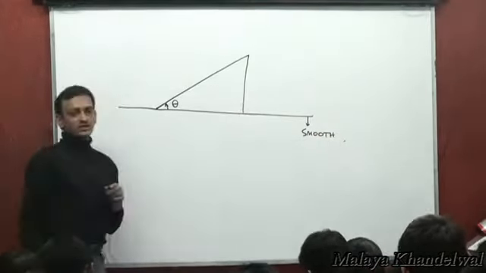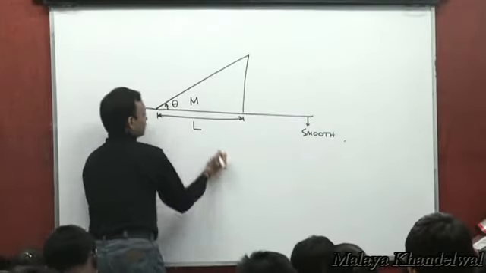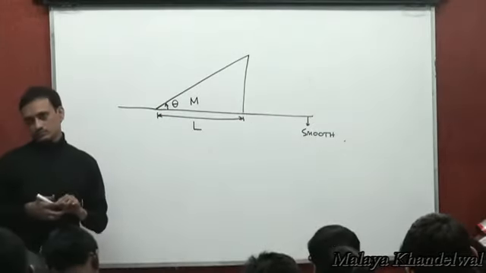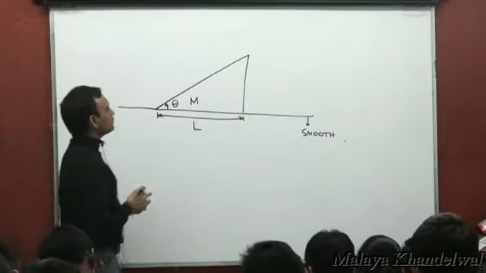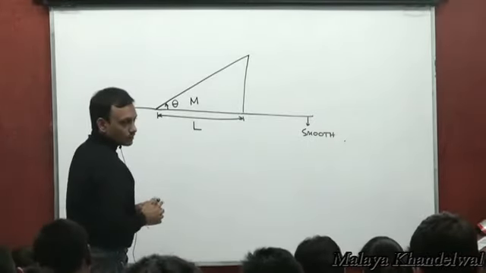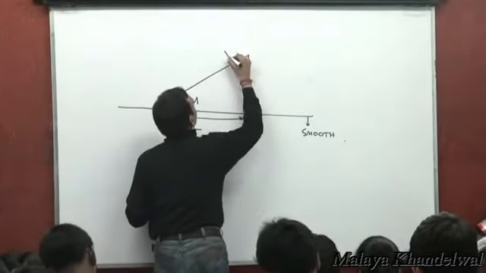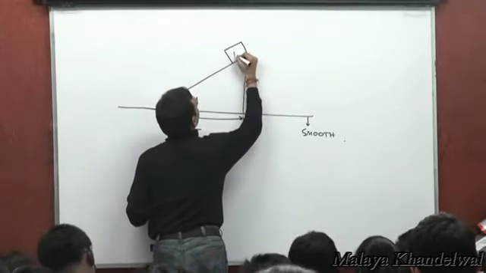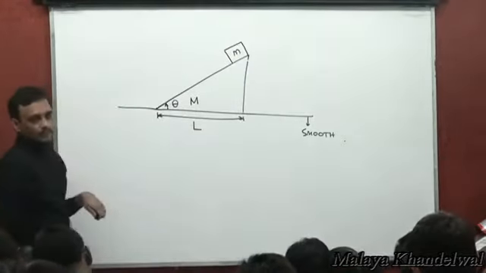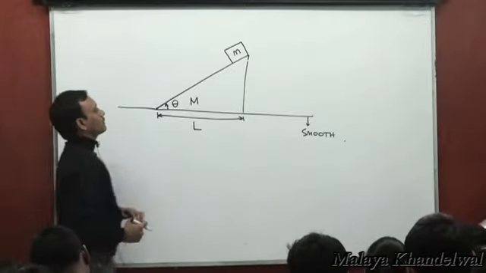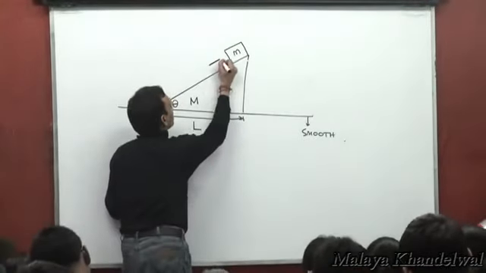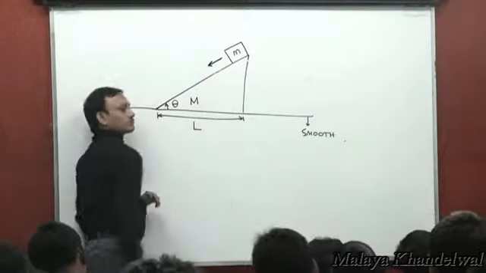Mass of the inclined plane capital M and the base of length capital L. Mass small m, initially on top, at rest, slides down the inclined plane.